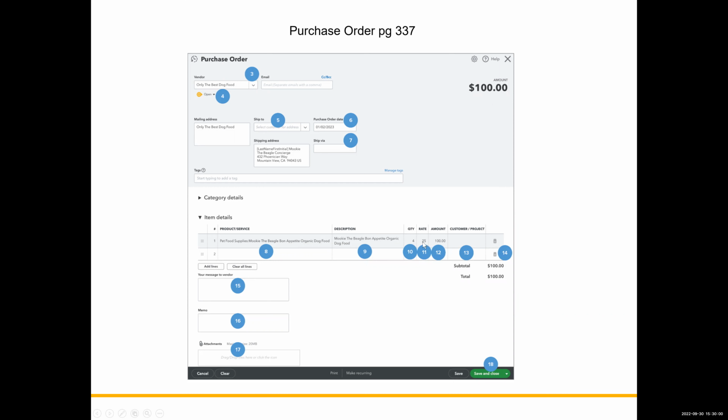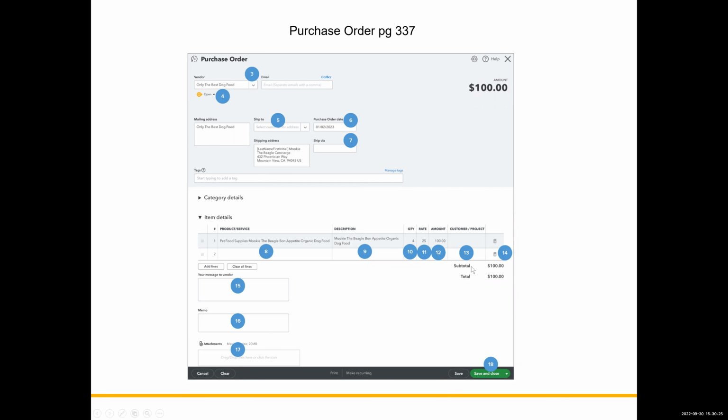Now, the rate should already populate because you put the $25 rate in the products and services list. So when you put the quantity of 4, it's going to multiply it by the rate, and QuickBooks is automatically going to give you an amount of $100. Okay.